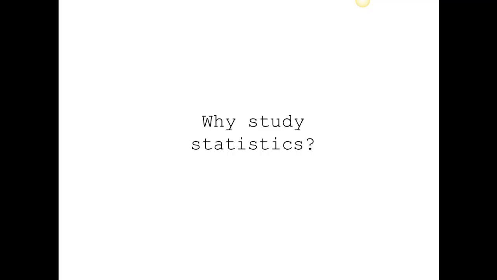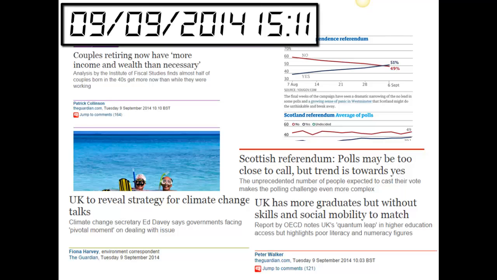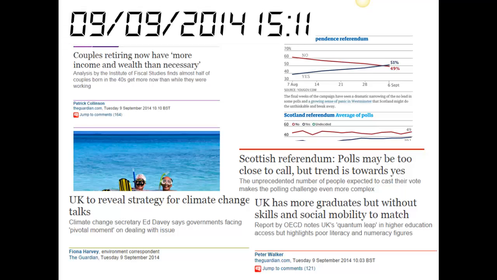So why learn about statistics? Well, statistics are everywhere. They're not just confined to medical and scientific research and practice, but they're in the news as well. So these are a random pick of headlines from the news on the day that I prepared this lecture. You can see a diverse range of topics from climate change to the Scottish referendum, and all of these stories are underpinned by some statistics.